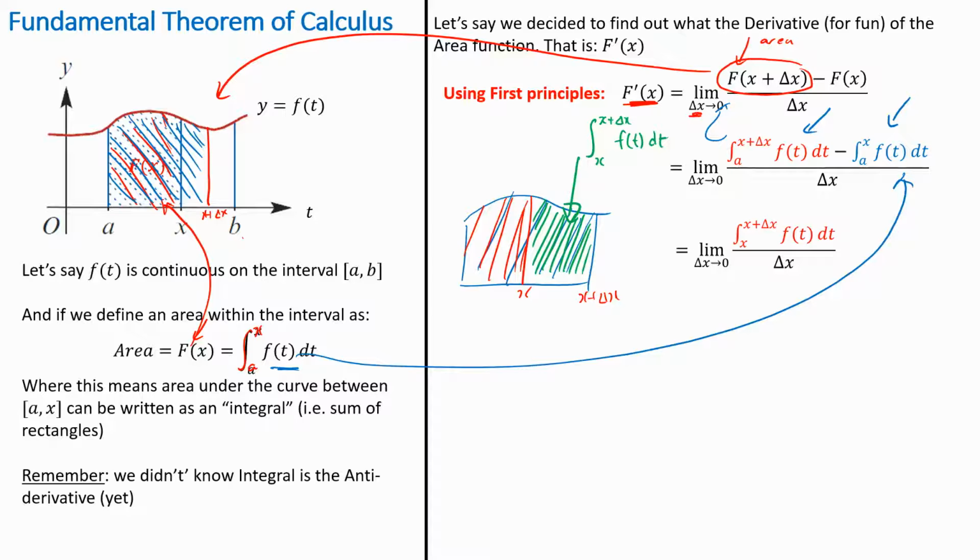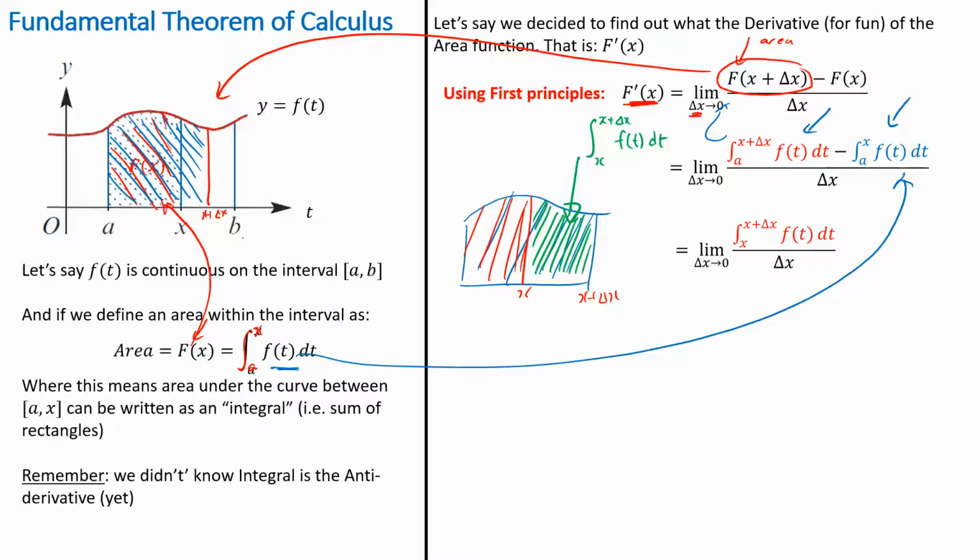That's what I've done here. So all I'm saying is, if I found the derivative, the top line, the numerator, is just simply saying find the area between x to x plus delta x. That's all I'm saying. Okay, so that's your numerator.